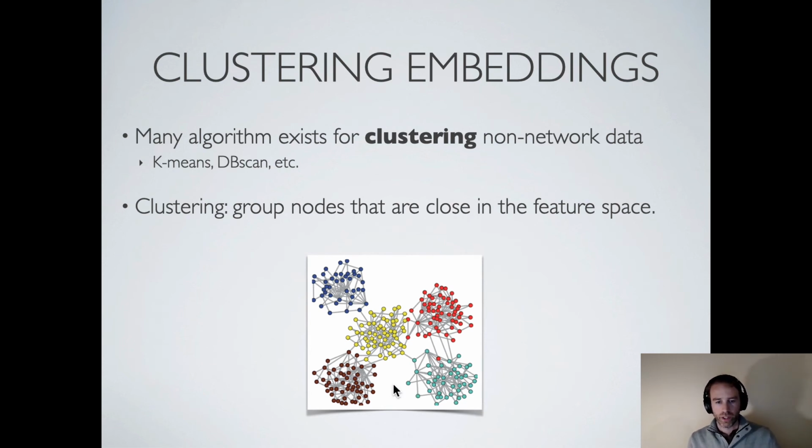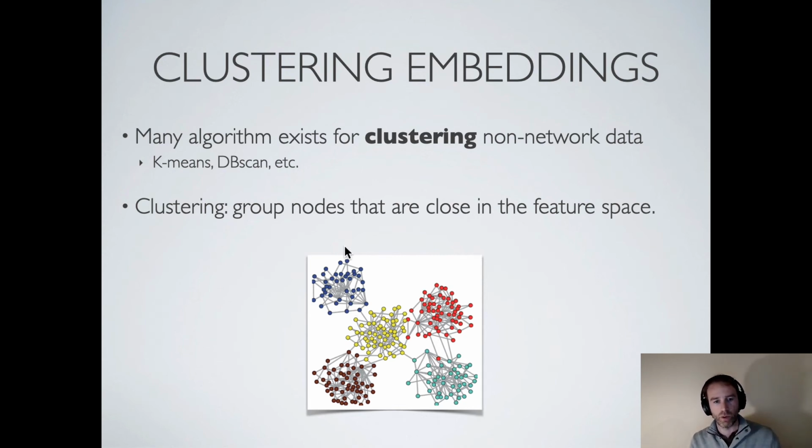So if you take this picture of a graph and you forget about the edges, you just think that these are dots in a 2-dimensional space. And then you think that you're trying to find clusters. And clusters mean groups of nodes which are close in space.